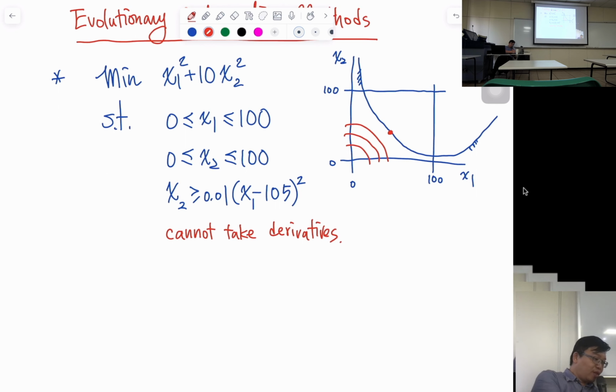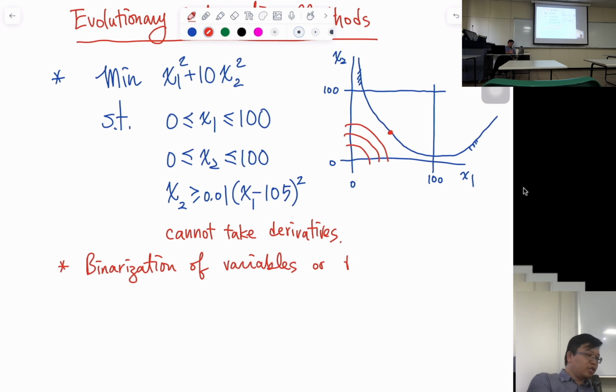Okay, binary. So first step, binarization of variables, or all the decisions that you need to make inside the optimization problem.